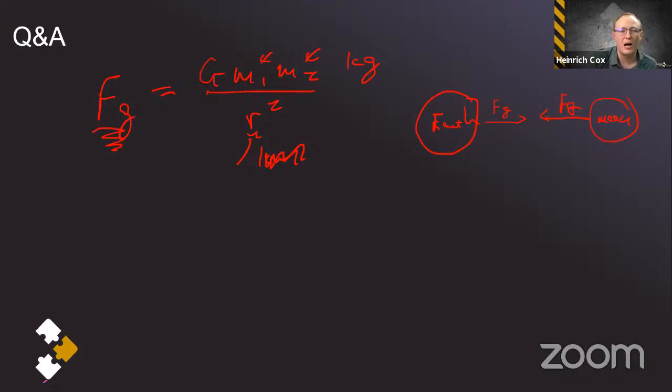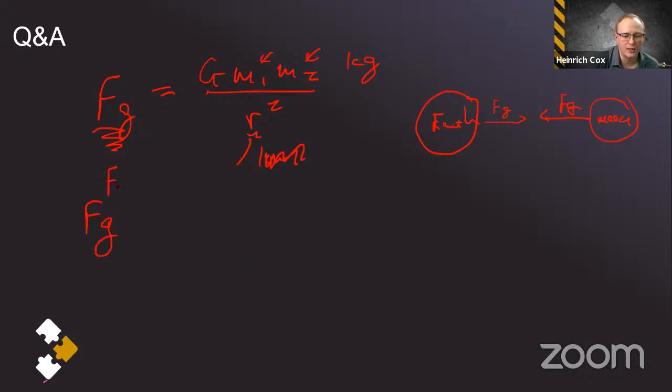Then if you combine Newton's second law with this, you can actually show that gravitational acceleration is independent of the mass that's being accelerated. Here we've got Fg equals G m1 m2 over r squared. Let's say the only force acting is gravity.